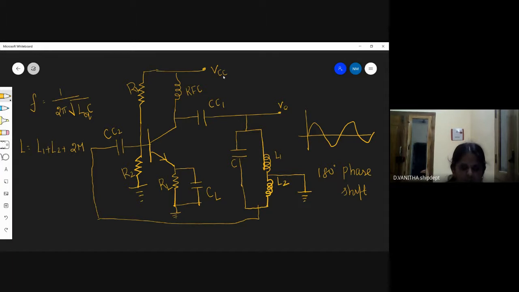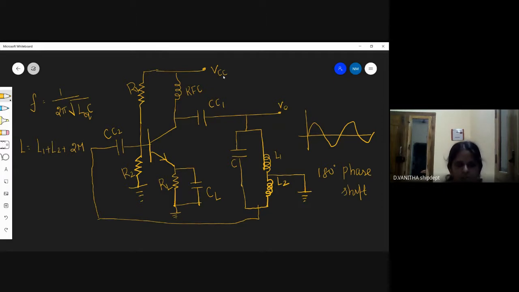By using this, we can adjust the frequency of oscillations by using variable capacitors. The variable capacitor range is between 100 picofarads and 500 picofarads.